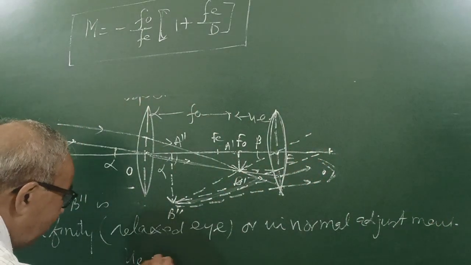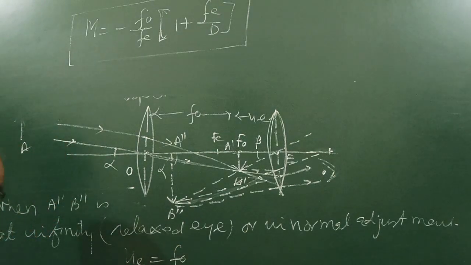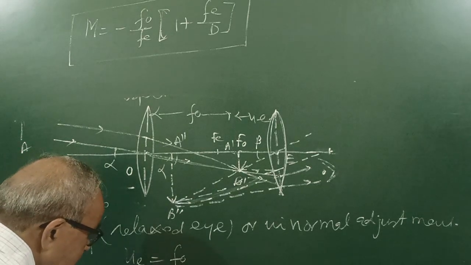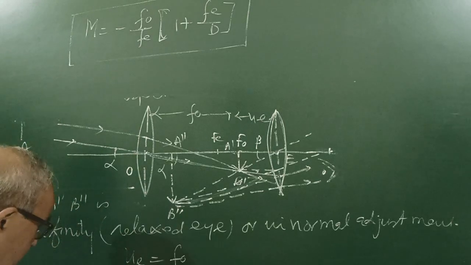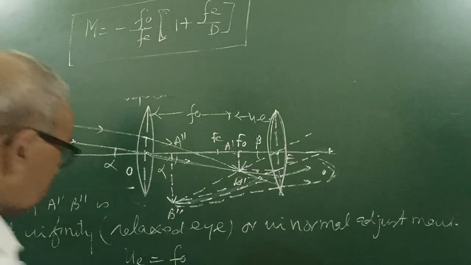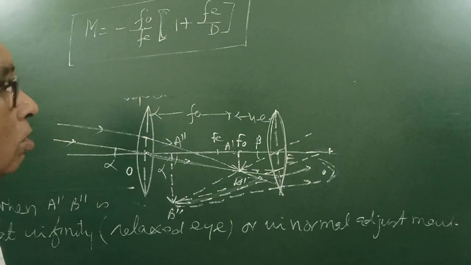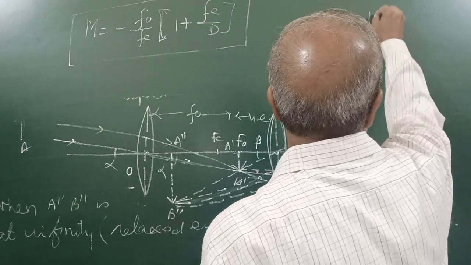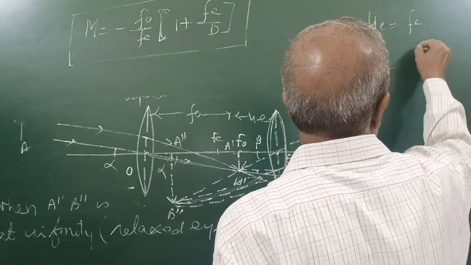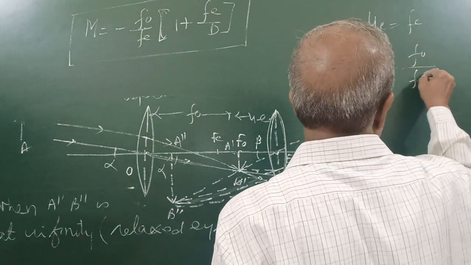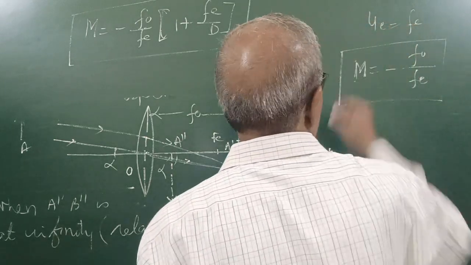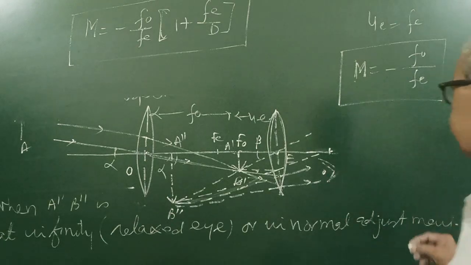Then UE equal to FE, and hence M is equal to minus FO upon FE.